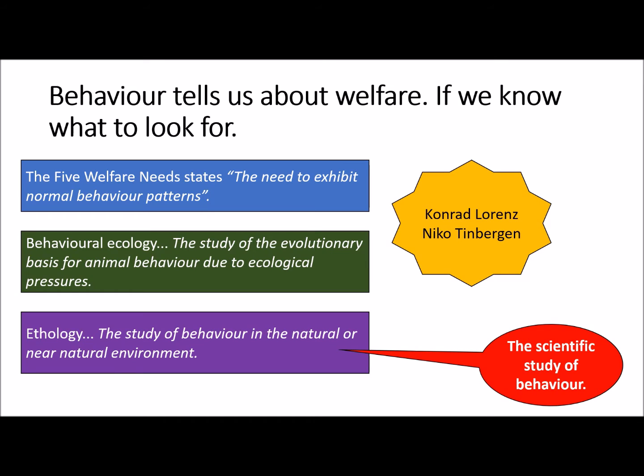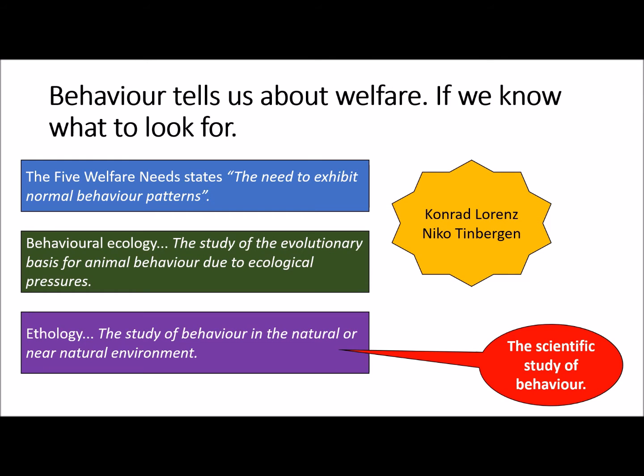It's no wonder that ethology is called the scientific study of behaviour. It's this consistent, measured approach, making observation objective, not subjective, removing any personal bias as to what we are looking for, that allows us to understand animal behaviour patterns.